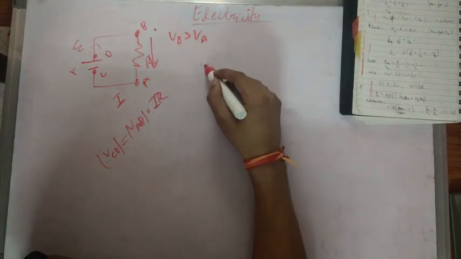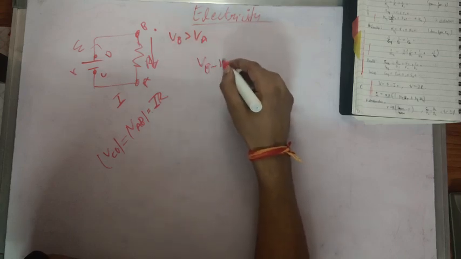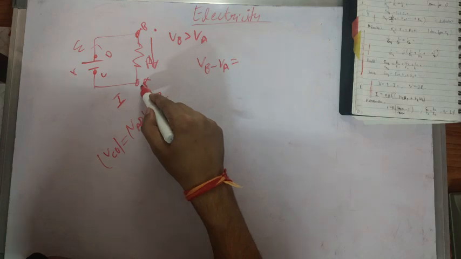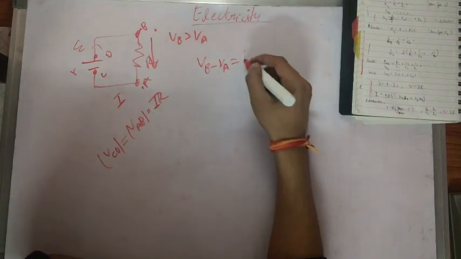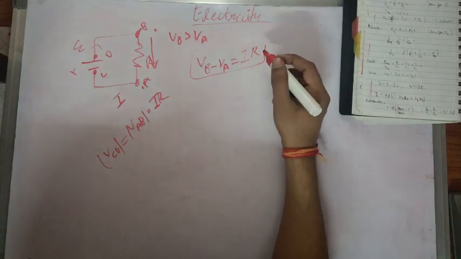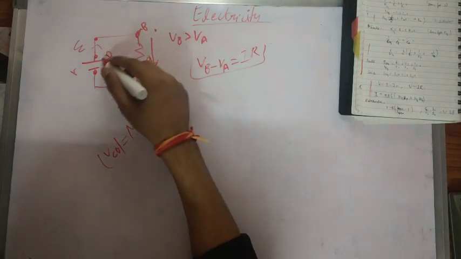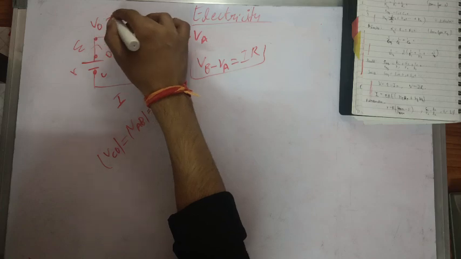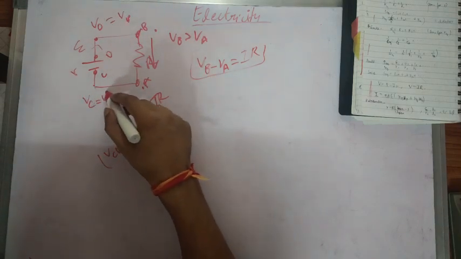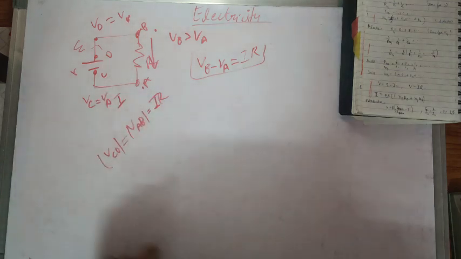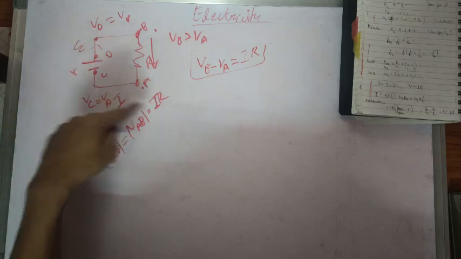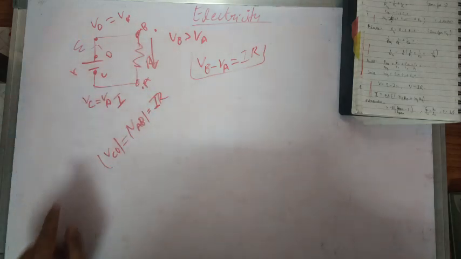It means VB minus VA is equal to the current in this direction, I, into R. And potential here at D would be equal to VB, and potential here at C would be equal to VA. There is no resistance here, so the current will be the same as here.